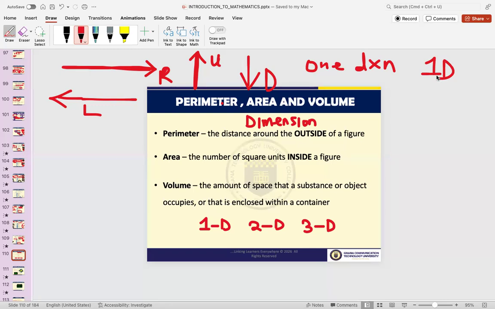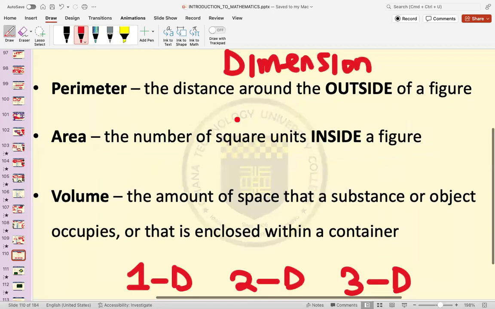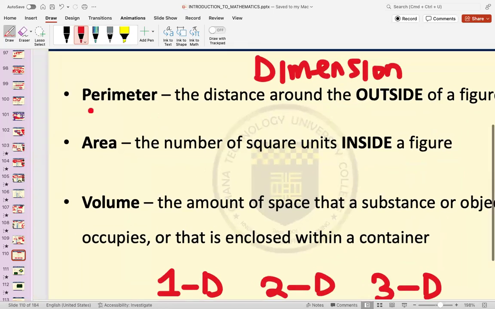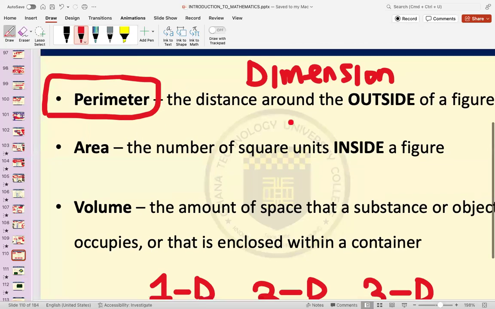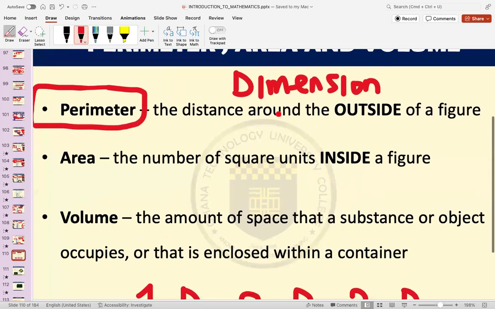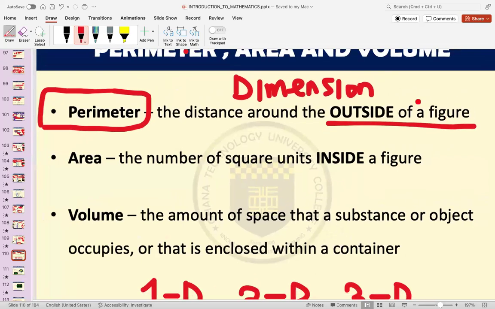Now, the 1D, what mathematical term do we use to represent the 1D? It is what you have known all this while. That is called the perimeter. Anytime you hear about the perimeter of a particular jurisdiction, it's just talking about the distance around the outside of the figure you are dealing with. One direction.